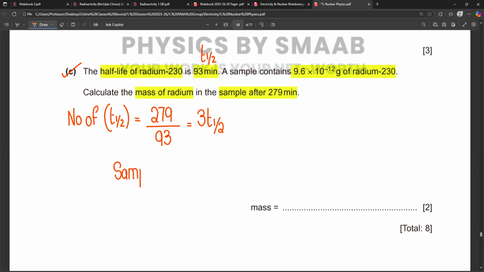So we have a sample divided by 2. It gives you 1 half-life. 9.6 times 10 to the power minus 12 divided by 2 is equal to 4.8.